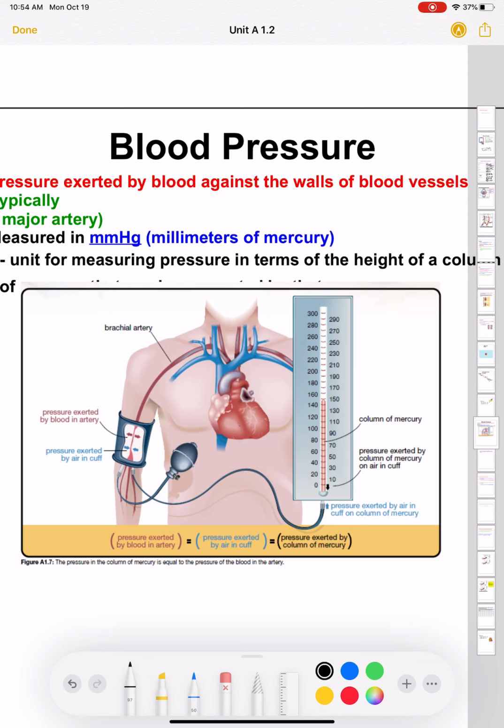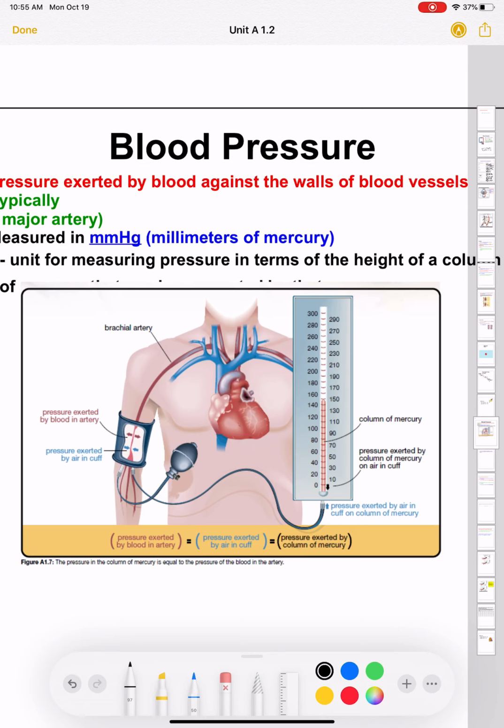So actually how you take the blood pressure is, we actually have machines that'll do it automatically. But if you had one of these ones that the doctor has, what they have to do is they put a stethoscope on your big artery in your arm, your brachial artery, and they will keep pumping up the thing until they can't hear your pulse anymore.